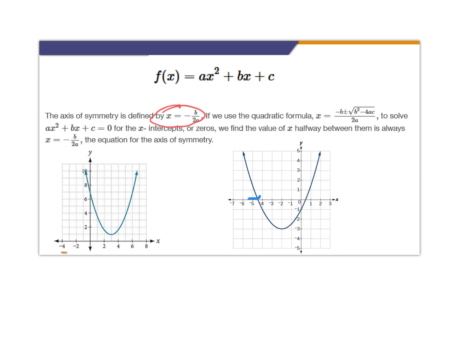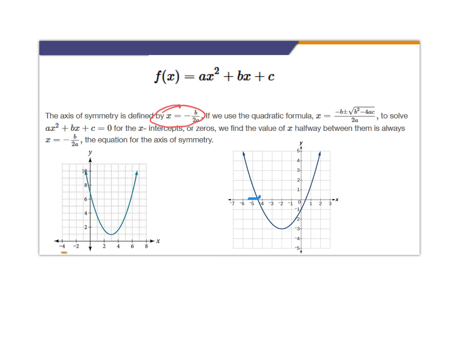That means negative b. So we're going to use the b, whatever number that is, change the sign. If this was plus, we put minus. If this is minus, we put plus, because minus times a minus will become a plus. Keep that in mind. And that's called the x value of the vertex.